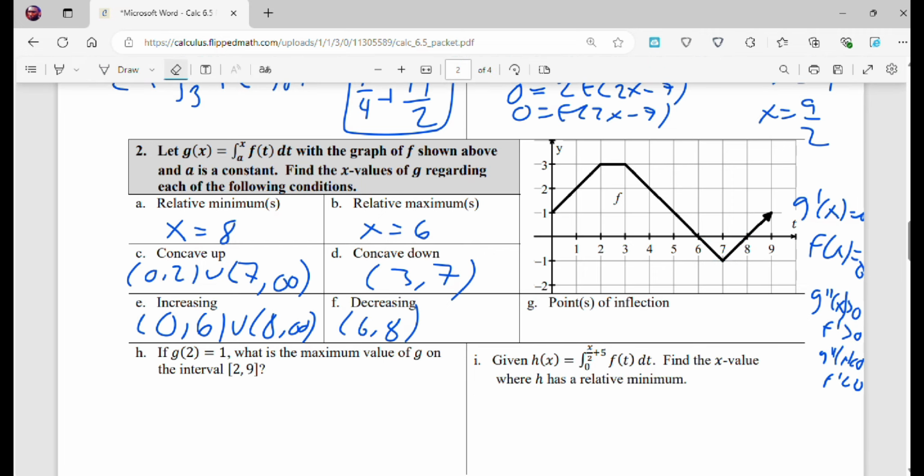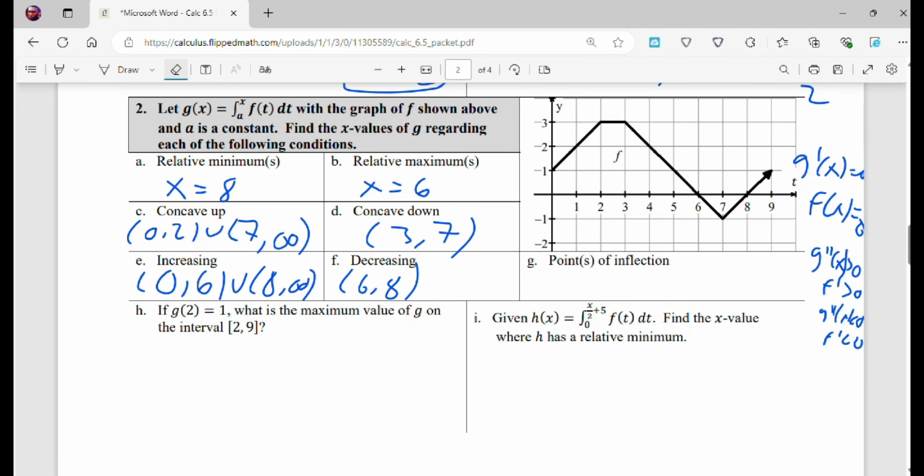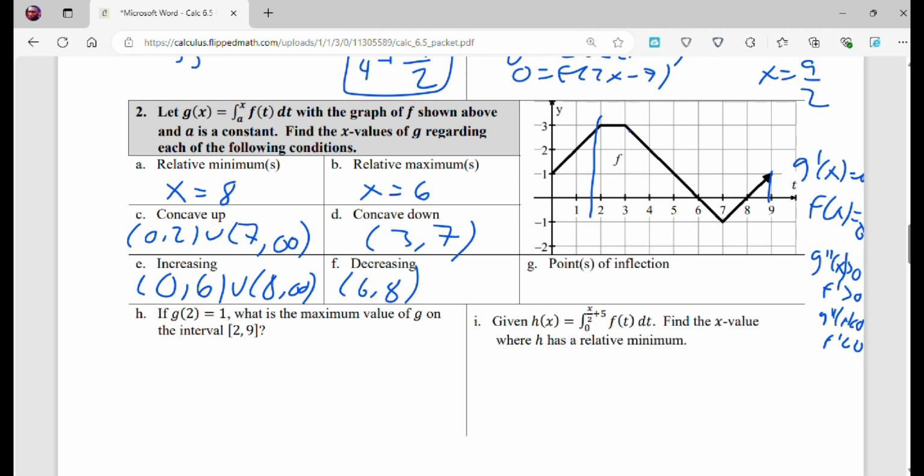Okay. Where does the max occur of g on the interval 2 to 9? So 2 to 9, starting right here and ending right there. We're given an initial condition. Every time you have an initial condition, I want you to write it down, then plus the integral from that x value.